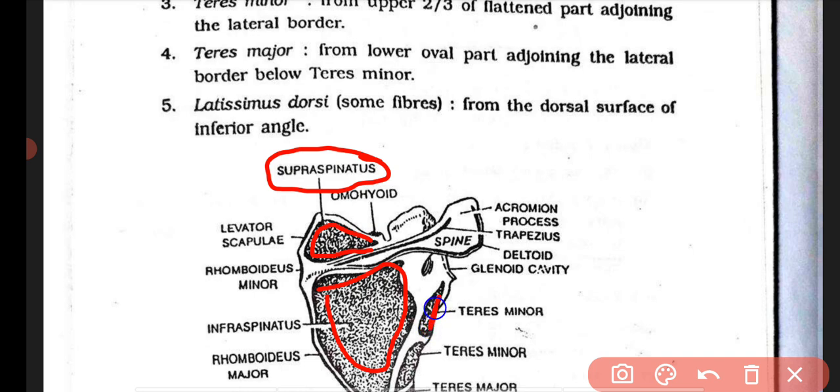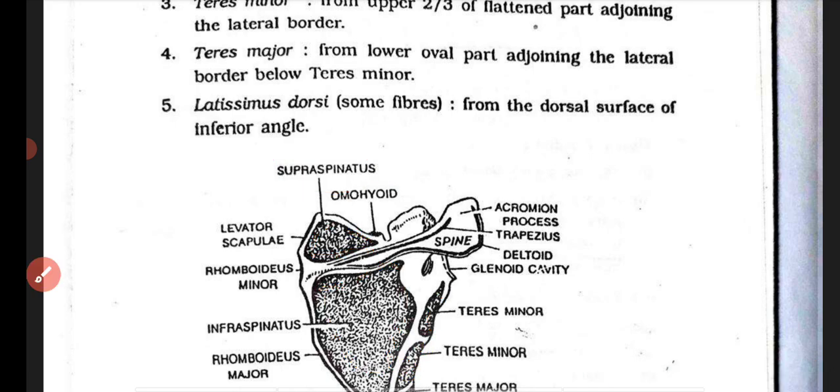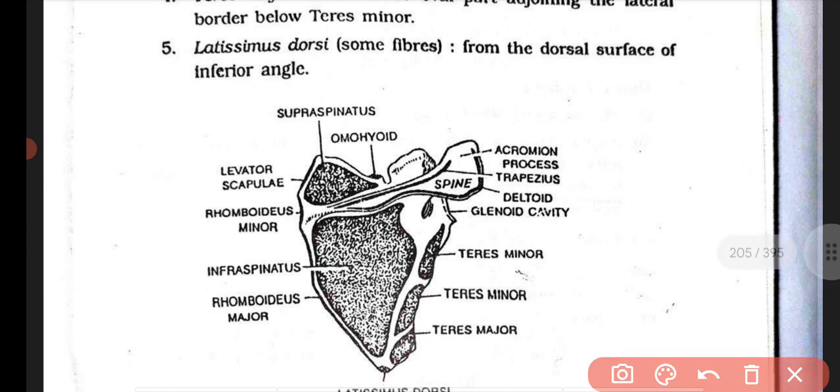Here, from the upper two-thirds of the flattened lateral border adjoining part is the teres minor, here teres major, the lower part. Again we'll see supraspinatus, infraspinatus, teres minor, teres major, and latissimus dorsi.